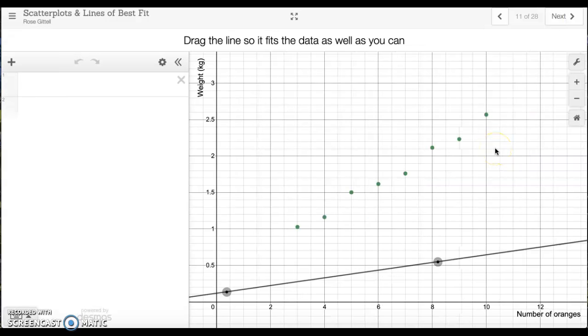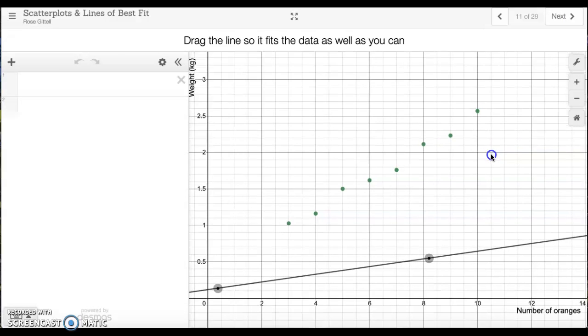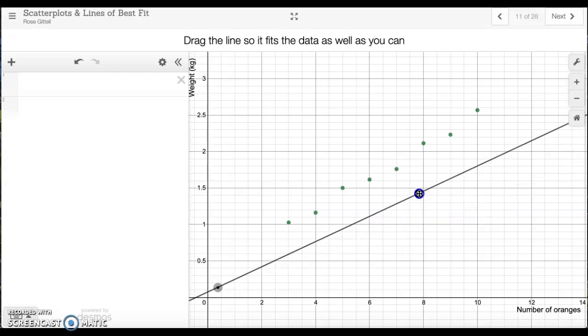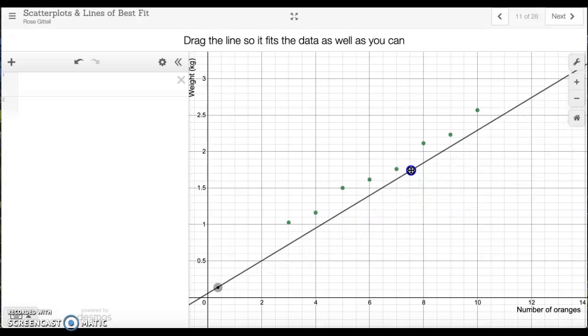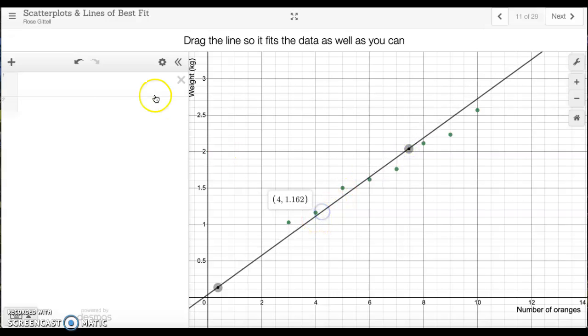Okay. So this is the same points that you were just looking at, and now you have a chance to actually make your own line of best fit. So I'm going to play around with this a little bit and see if I can get the line to match the scatter points as best as I can.